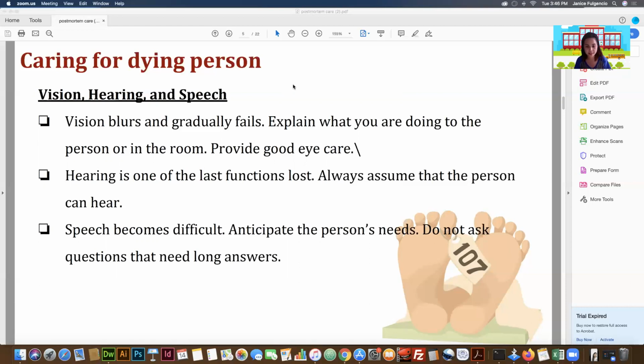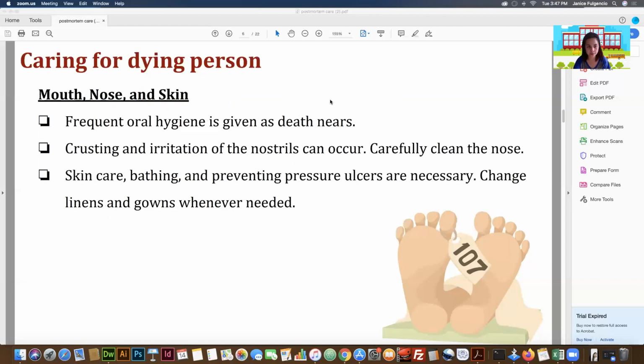If you think he is dead or unconscious and speak carelessly, you are wrong, because maybe this person is hearing you. Then speech becomes difficult. Anticipate the person's needs and do not ask questions that need long answers. Always explain briefly and accurately to the patient.